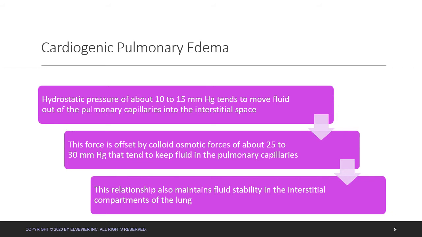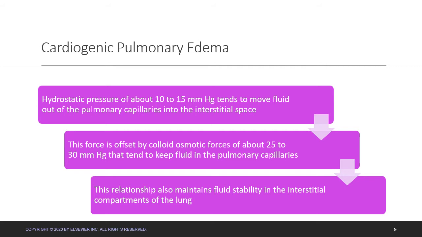Ordinarily, hydrostatic pressure of about 10 to 15 millimeters of mercury tends to move fluid out of the pulmonary capillaries and into the interstitial space. This force is normally offset by colloid osmotic forces of about 25 to 30 millimeters of mercury that tend to keep fluid in the pulmonary capillaries.